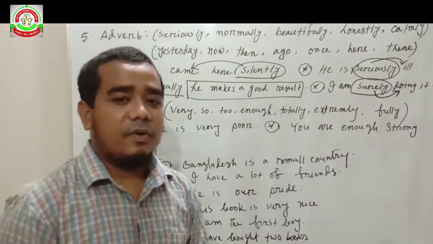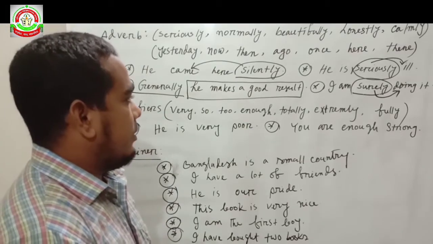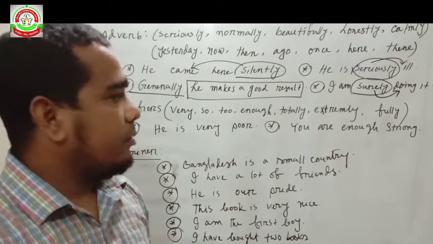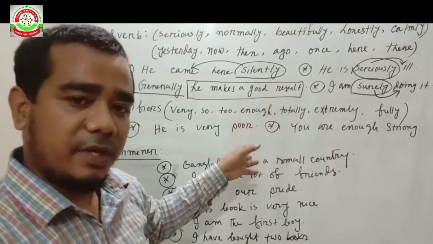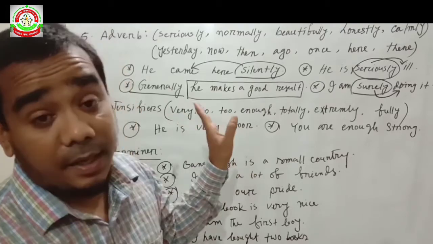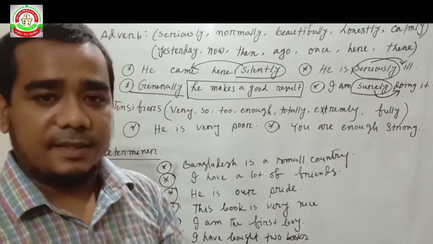From here, I can make it clear to you that an adverb can pre-modify, can post-modify, and an adverb can modify a verb, an adjective, an adverb, even a whole sentence.